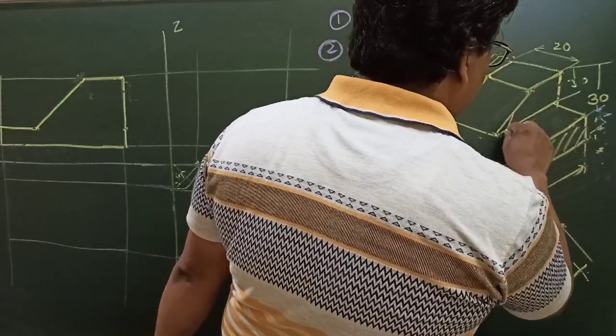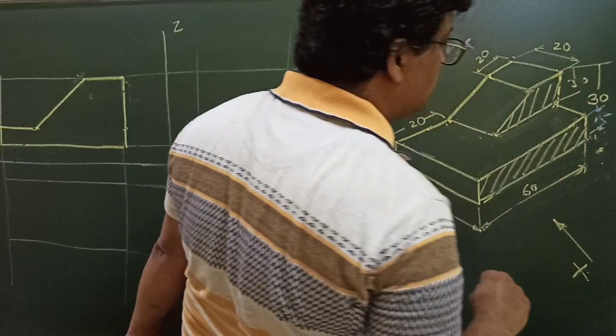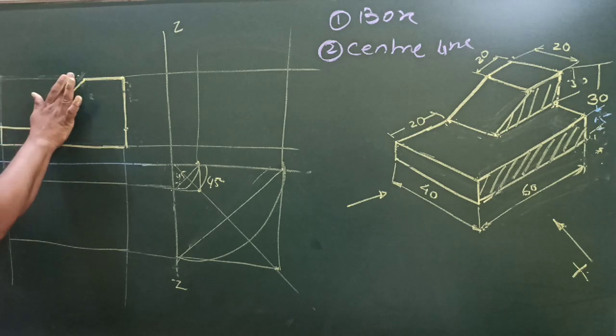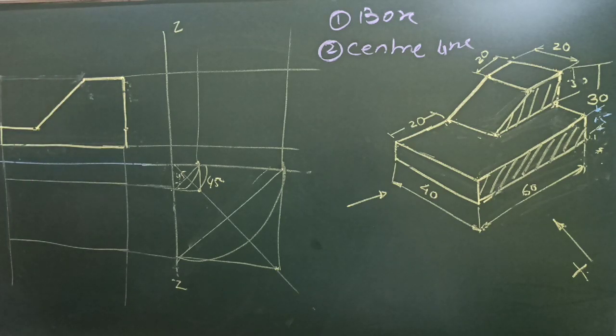In front view you are seeing only this part. So hatched part has been drawn here. These lines either may be rubbed out or it should be kept as light as possible, because our diagram is this, not these lines, right?